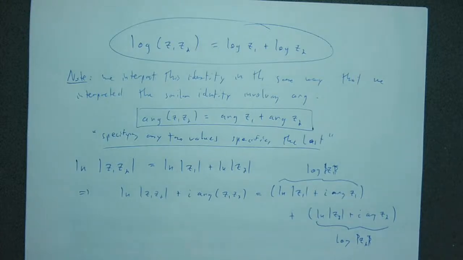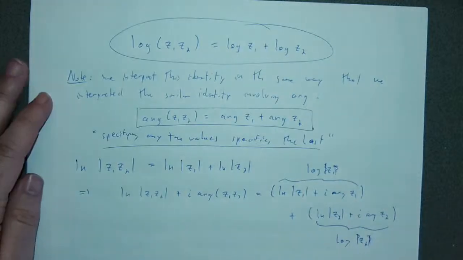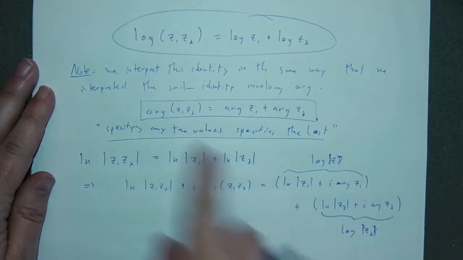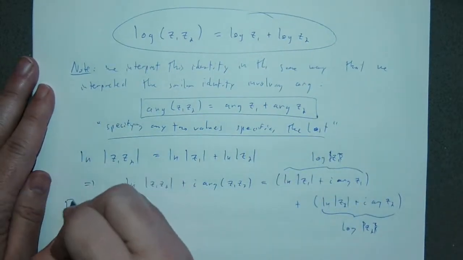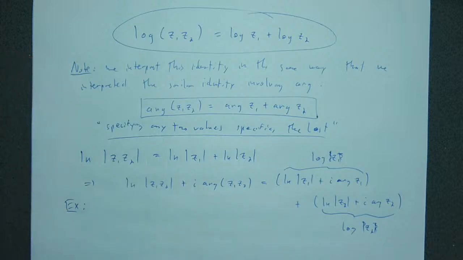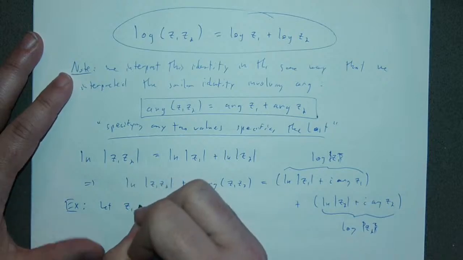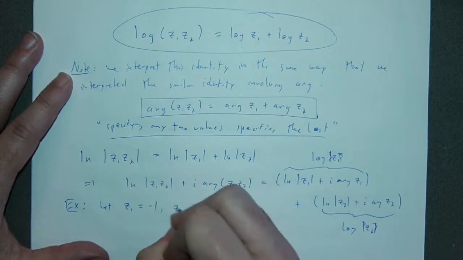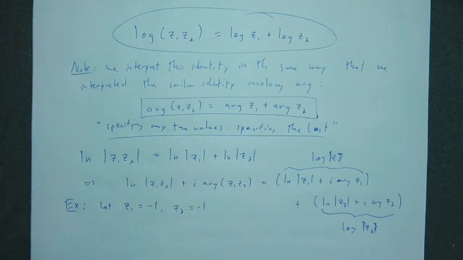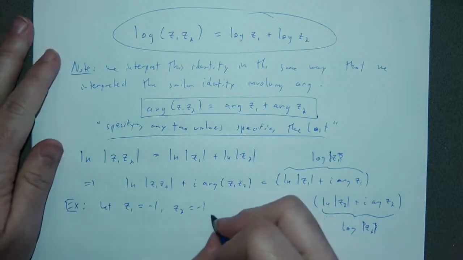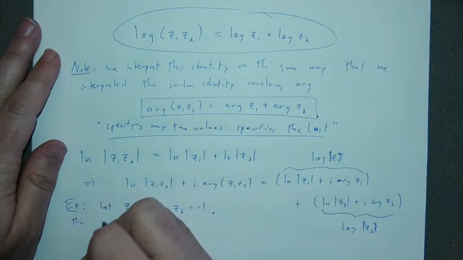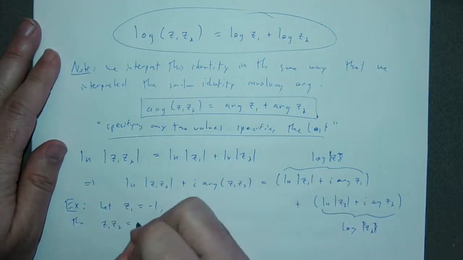And so, using this to show how this identity works, basically, what happens if I pick minus 1 for both values? So let z sub 1 be equal to minus 1 and z sub 2 also be equal to minus 1. Right, then z sub 1 times z sub 2 is equal to 1.